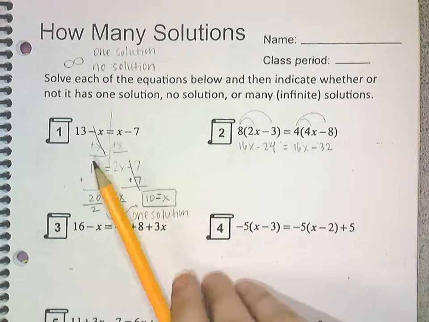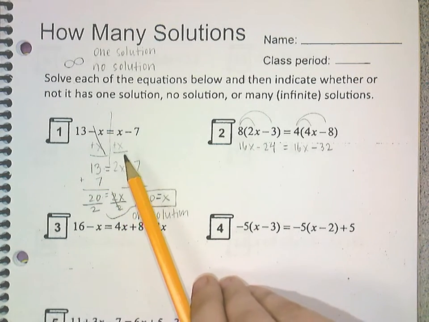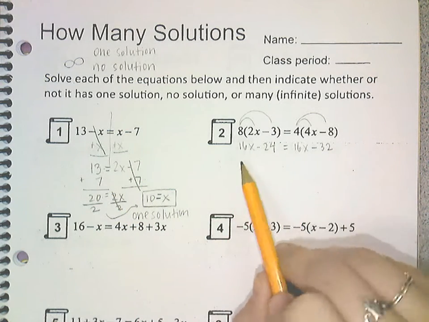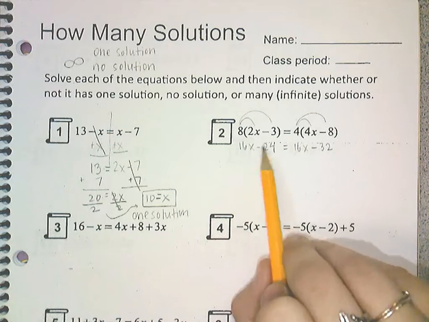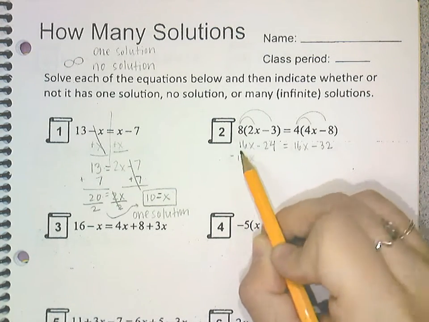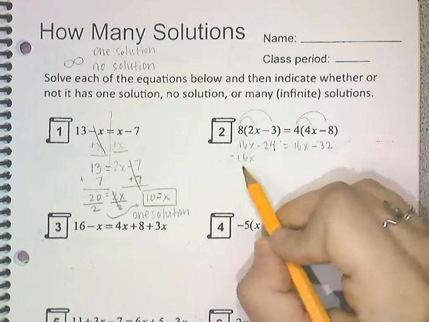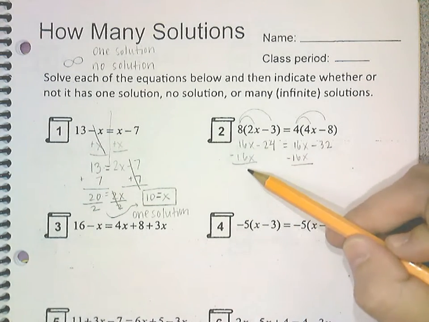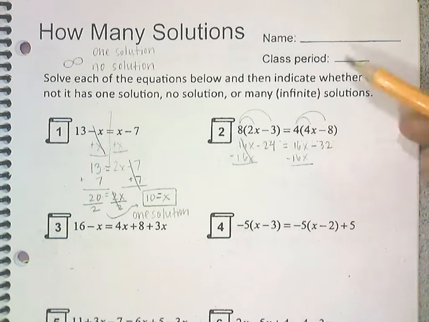Now, just as we did on number 1, moving the x's to the same side, we want to do that here. So I'll choose this 16x, although you could choose this one too. So I'll do minus 16x, since this is a positive. Then whatever I do to this side, I must do to the other side. So 16x minus 16x is 0.